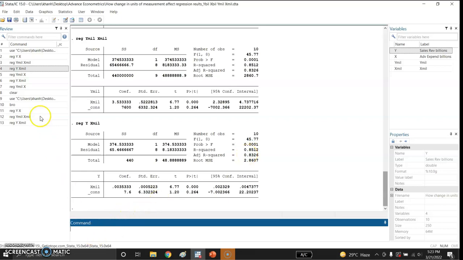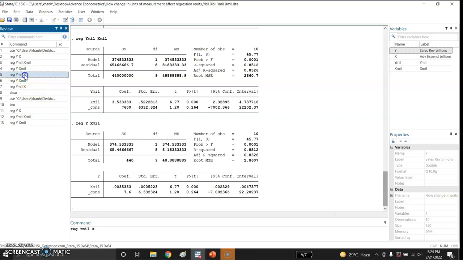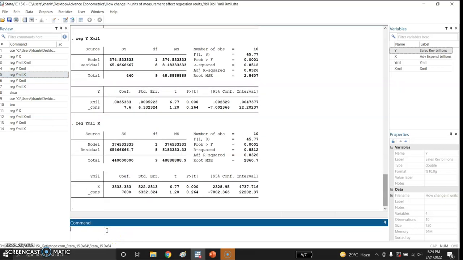And now let me try the other regression in which I will regress y in millions and advertised expenditure, which is expressed in $1 billion.